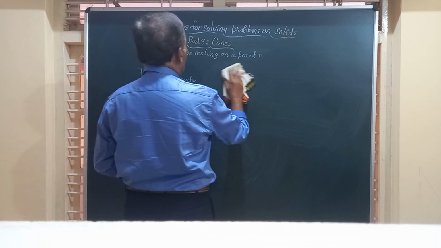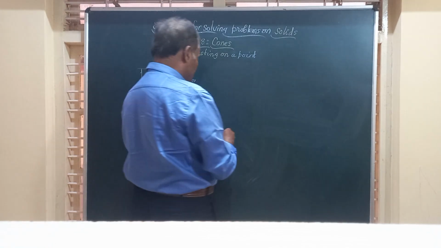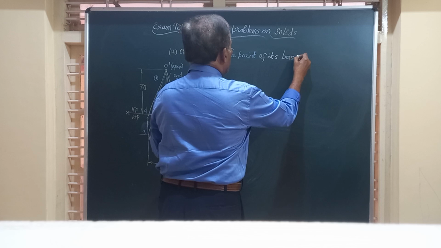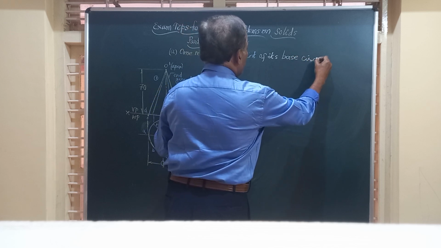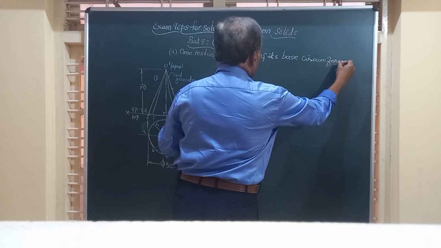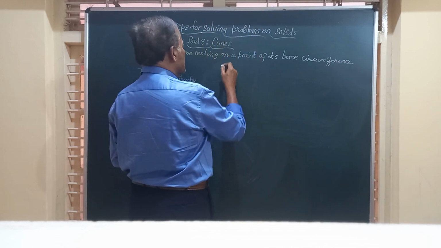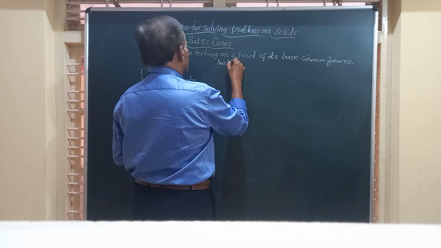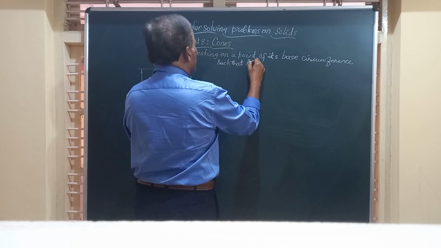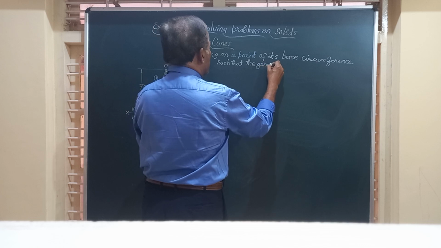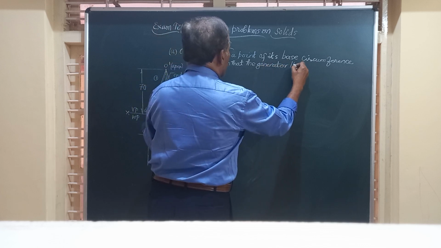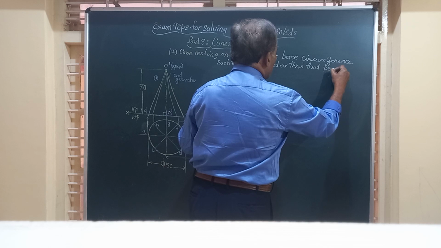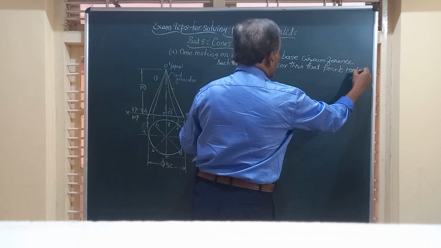So it is a cone resting on a point of its base circumference, or base periphery, such that the generator through that point rests on VP.